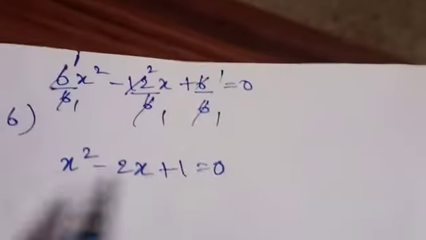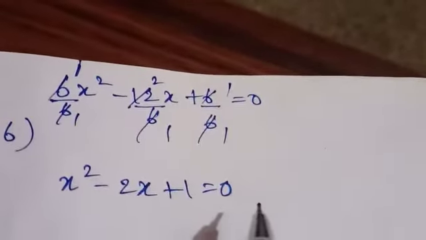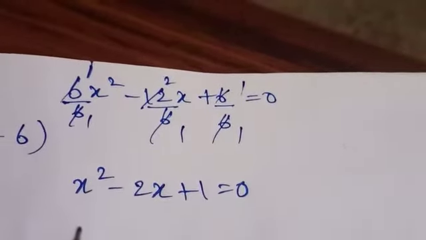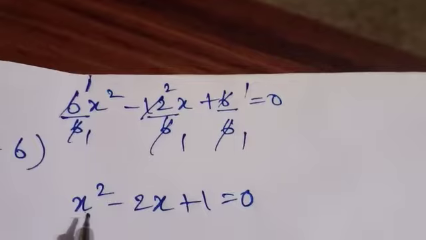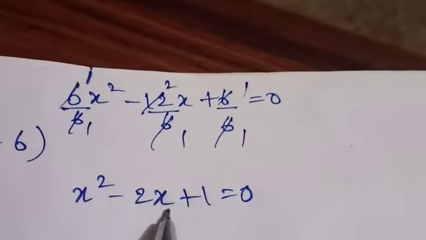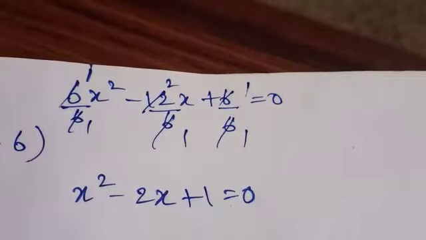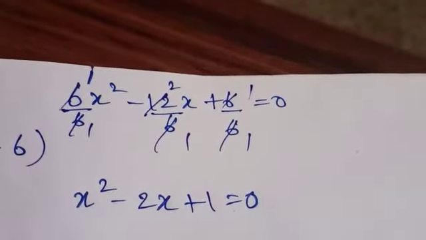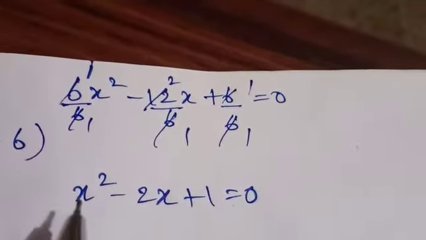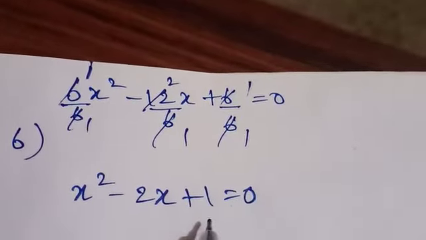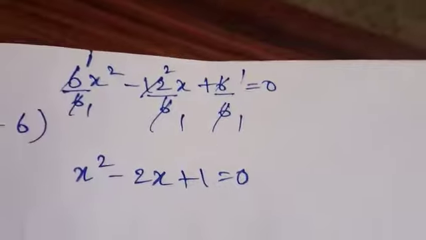So from this equation we have to find the values of x. Now we are going to use the factor method. If we have a term with x square, a term with x and a constant, then we can solve this using the factor method.